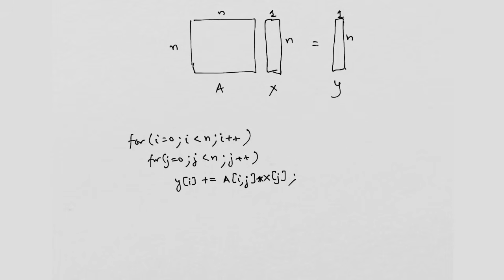I am assuming I have initialized y of i equal to 0 outside. So this is the operation I want to perform.